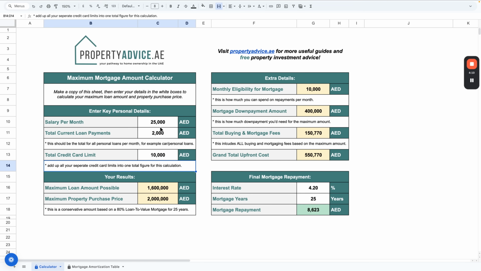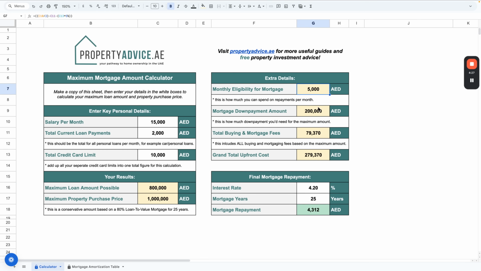So if I revert this back to the simpler example, before this was 640, now it's 800,000. So yes, your total credit card limit makes a massive difference to your ability to get a loan.